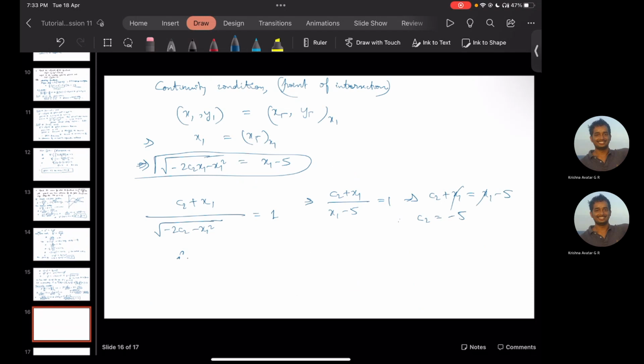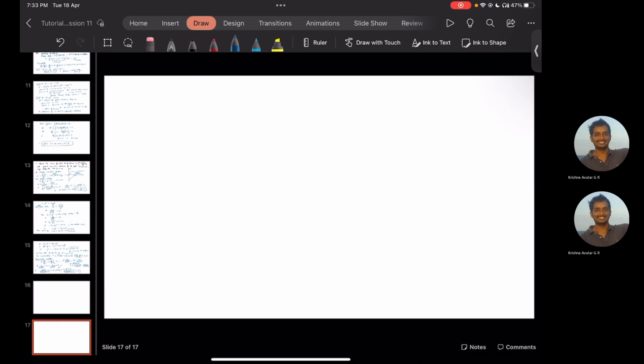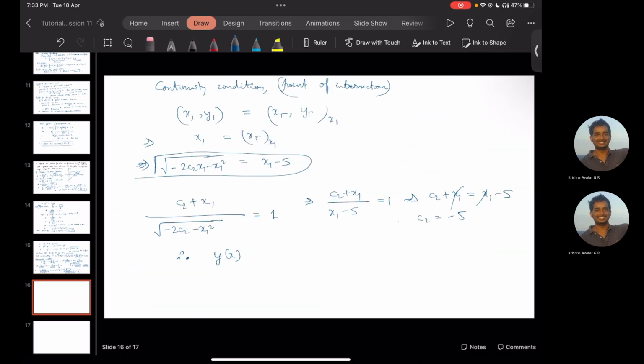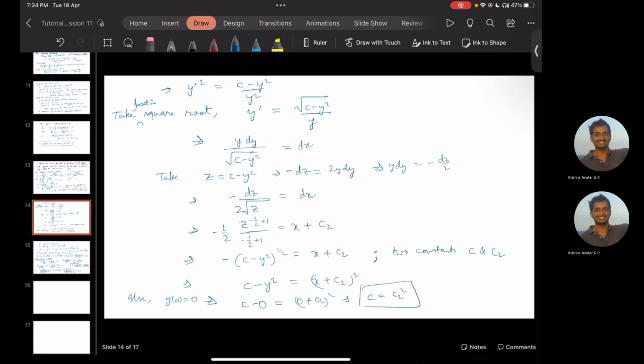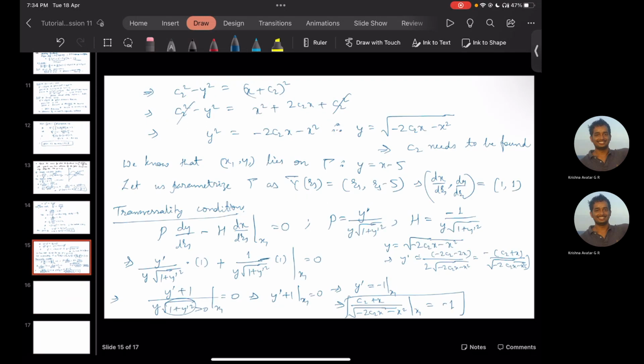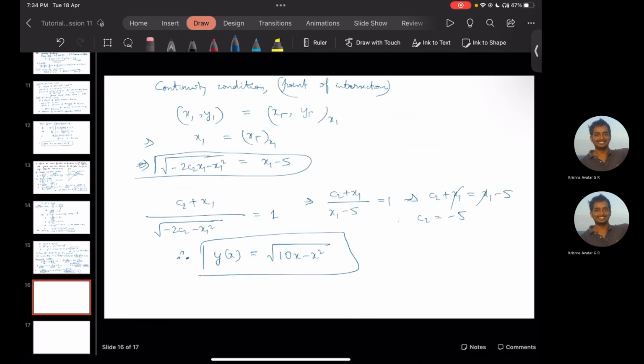So therefore, what we have here is y of x is equal to root of minus 2 into minus 5 is 10, so it's 10x minus x square. These are extremals. Since we are taking both the square roots, the solution will be plus or minus. Okay.